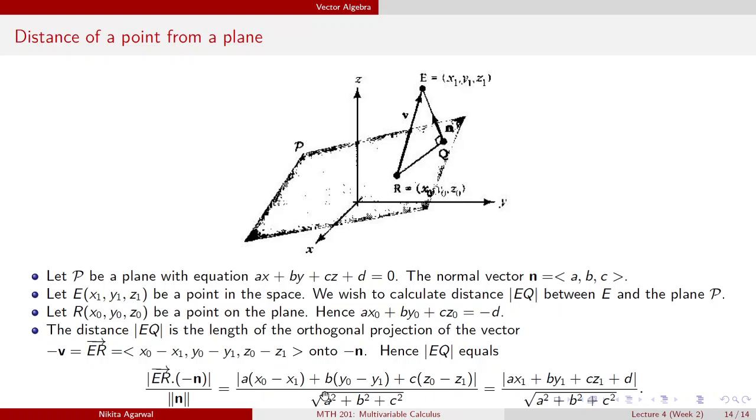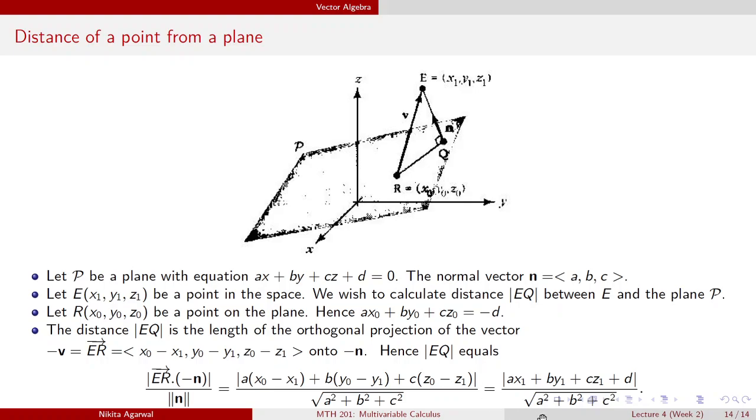Now ax naught plus by naught plus cz naught is equal to minus d, so you substitute it there. So you are left with minus of d plus ax1 plus by1 plus cz1, but there is a modulus, so the negative sign you can ignore. So this is the answer.